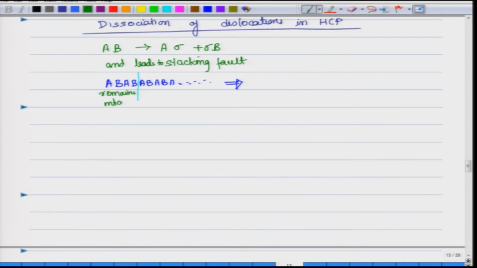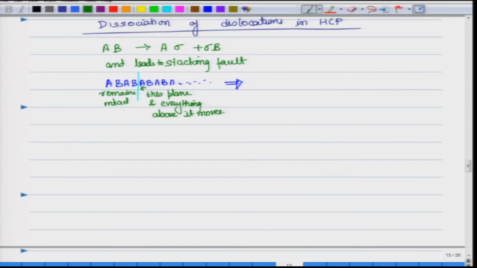Remains intact, and this is the plane and everything above it. Then what will happen?